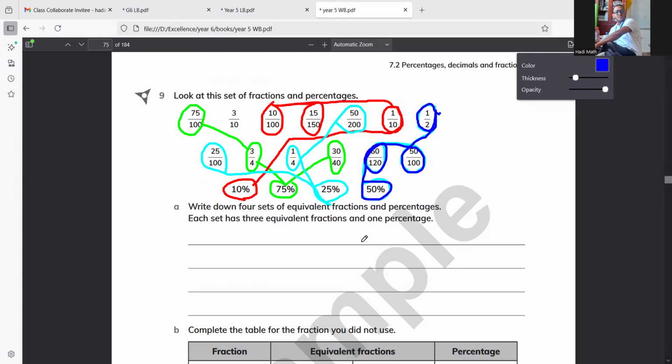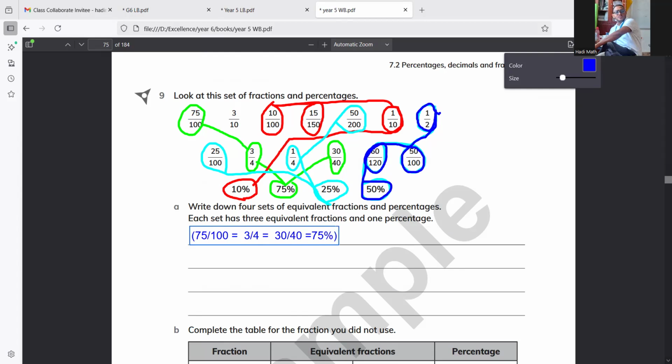They say write four fractions, a set of equivalent fractions and percentage, for each one of these. Now we could write, as the four we mentioned here, 75 over 100 is equal to 3 over 4, and that's equal to 30 over 40, and that's equal to 75%.